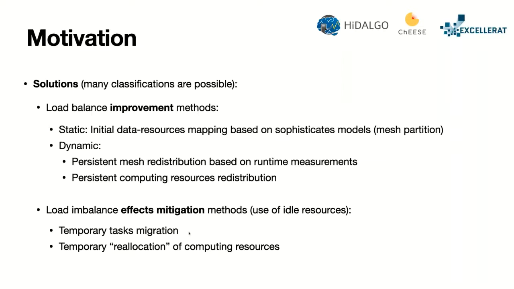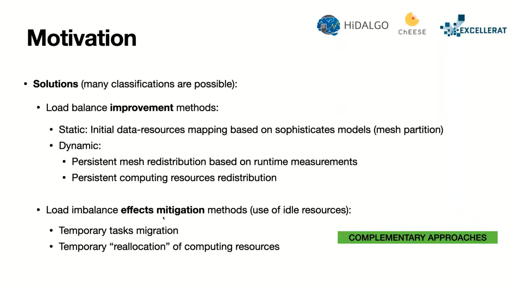The best strategy will depend on the problem, and in fact, those are complementary. If you have an imbalance produced by some aspect that will be persistent, it will be better to try to correct the distribution. Otherwise, these runtime mechanisms that help you to mitigate the effects of the imbalance will be solving the same problem every time, right?